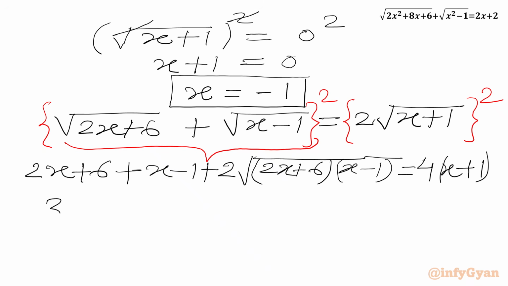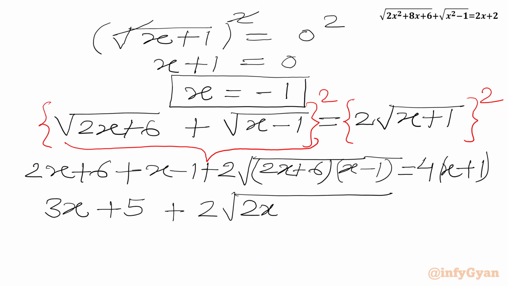2x plus x is 3x, 6 minus 1 is 5, plus 2 times square root of 2x times x is 2x square, 2x times minus 1 is minus 2x, 6 times x is 6x, 6x minus 2x is 4x, 6 times minus 1 is minus 6, equal to 4x plus 4.